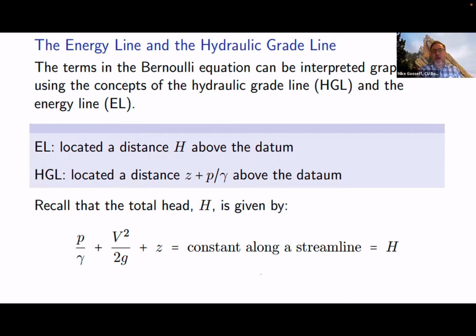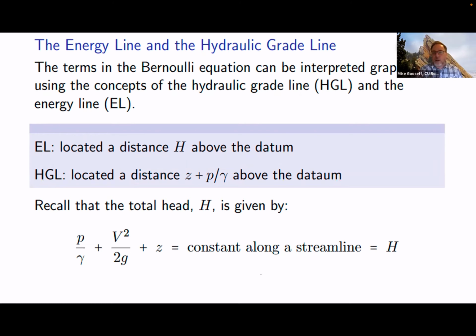So the energy lines are a little bit boring at the moment. They're just horizontal because we're not losing energy anywhere. We haven't talked about energy losses, and we'll get to that in a little bit. But in fact, at the end of the slides today, I'll provide you with one small example of what that will look like. But right now, we're not calling that an energy grade line.